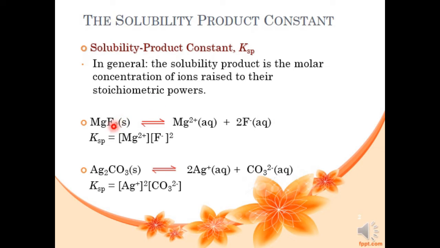So when we write the expression, the concentration of the fluoride will be squared, based on the stoichiometric value, 2. Another example, silver carbonate. These are the dissociated ions. When you write the expression of the solubility product constant, the coefficient will be written as the power.